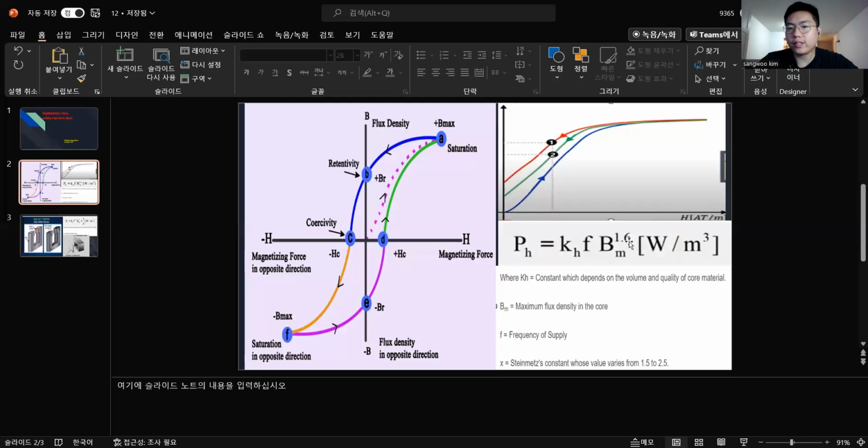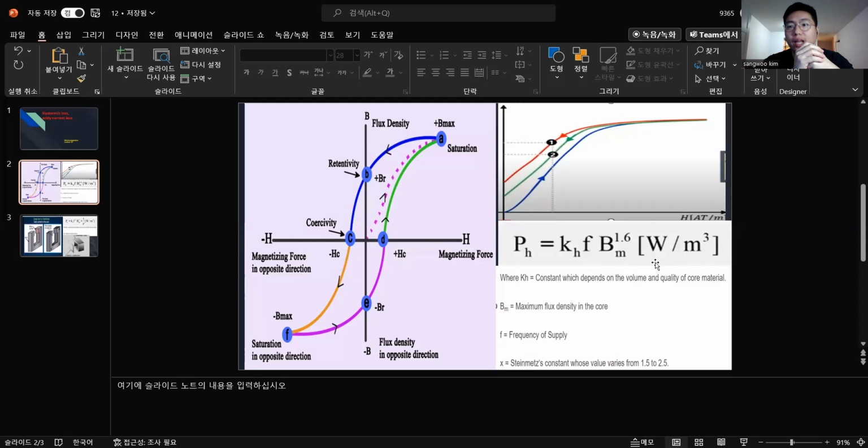Oh, and you guys can see 1.6 here. Generally we use 1.6 here because, I will explain more about eddy current, but there's a pure steel core, right?